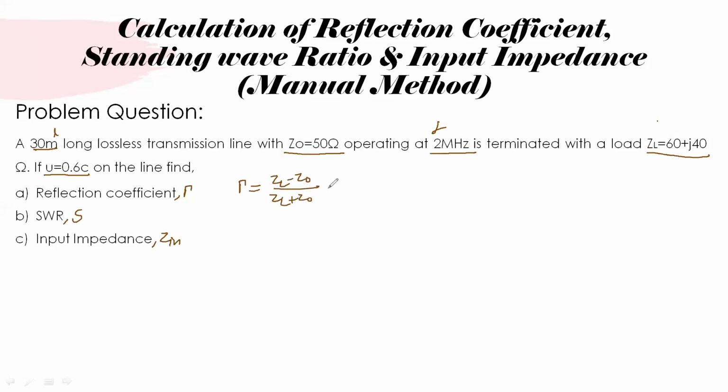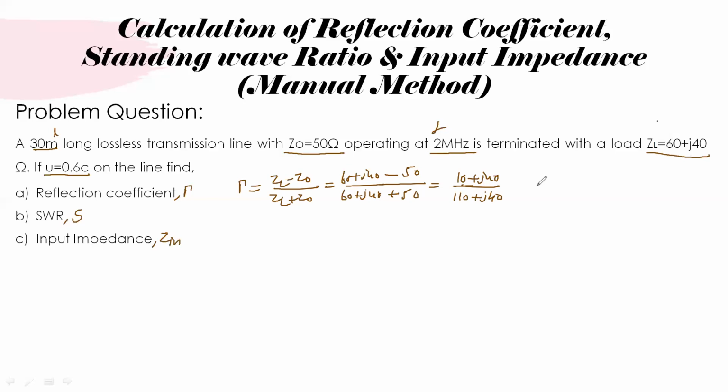If you substitute the values, ZL equal to 60 plus j40, minus Z0, that is 50, in the numerator, and plus 50 in the denominator, you get (10 plus j40) divided by (110 plus j40). The real terms are subtracted in the numerator and added in the denominator.